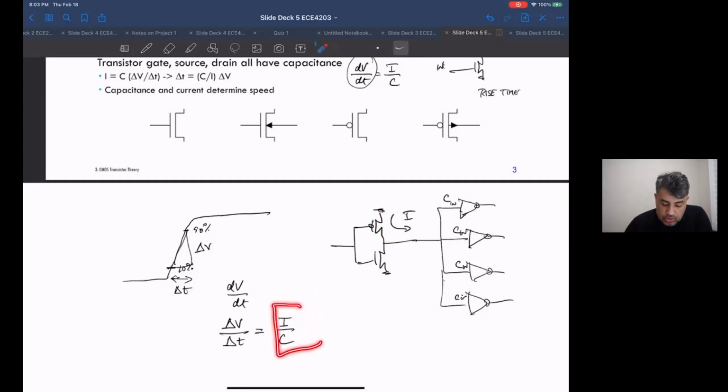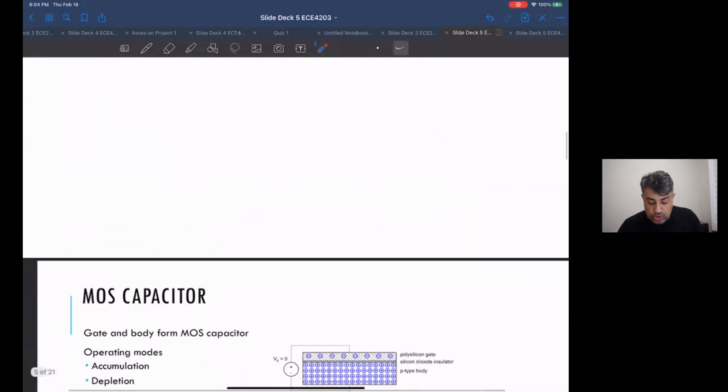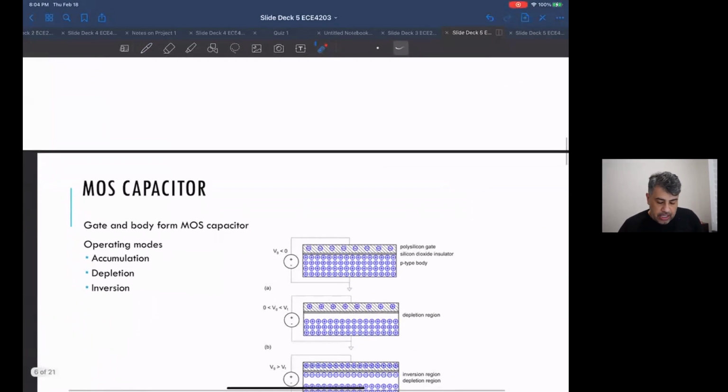Those two are the critical factors. So we're going to look at what the current looks like, and then what the capacitance looks like in great detail. Those are the two important things.